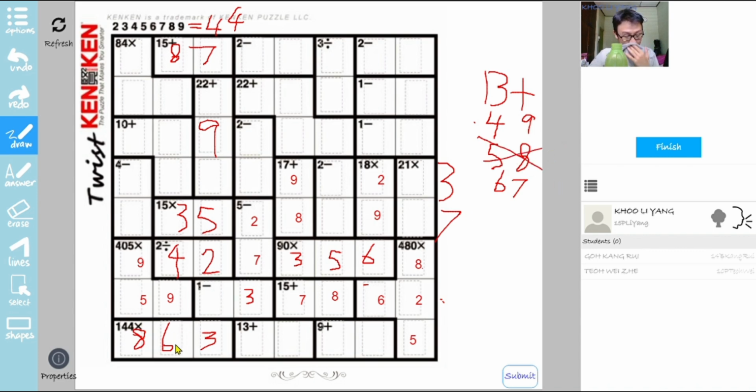And then 6 is already used in this row, so this possibility is rejected. So it's 4, 9. Since 9 is already used in this column, 9 is here and 4 is here. The only numbers left in this row are 2 and 7. 2 is already in this column, so we put 2 here and 7.